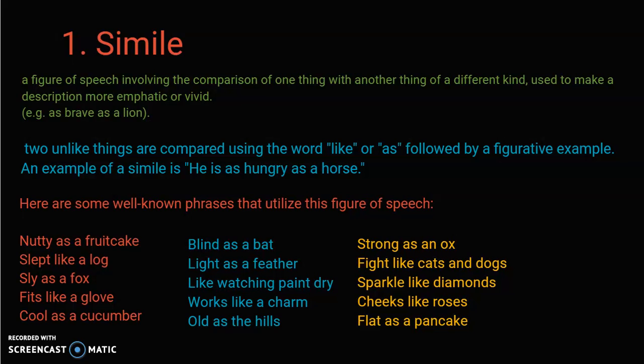Nutty as a fruit cake, slept like a log, sly or cunning as a fox, fits like a glove, cool as a cucumber, blind as a bat, light as a feather, like watching paint dry, works like a charm, old as the hills, strong as an ox, fight like cats and dogs, sparkle like diamonds, cheeks like roses, flat as a pancake.